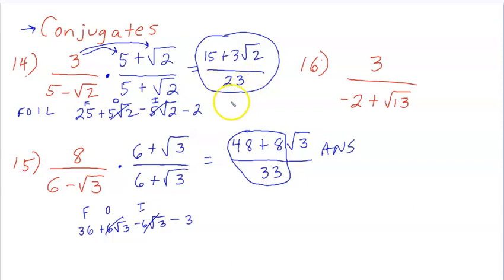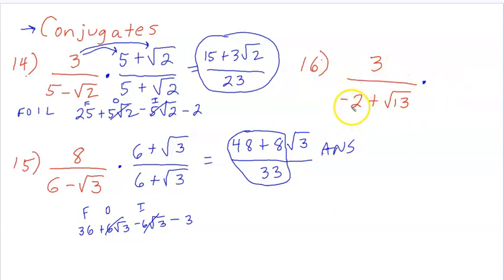There is no number, now we don't count 1, that divides into all three of these non-radical numbers. You cannot divide into the radical. Okay, the radical is set. But there are occasions where you might be able to reduce these if it's possible to divide the same number into all three. Okay, so number 16 is our last one.